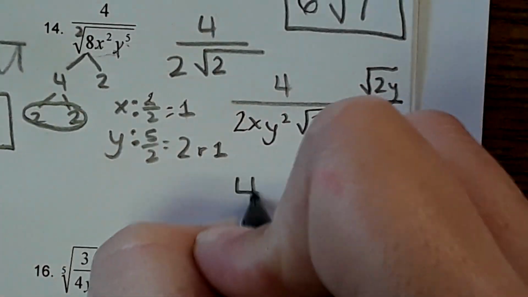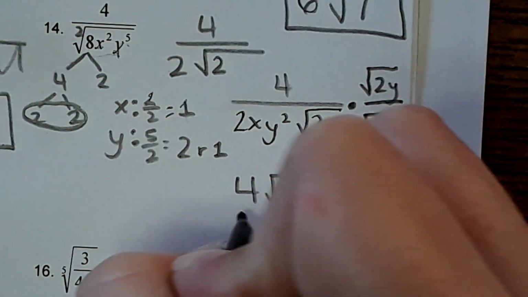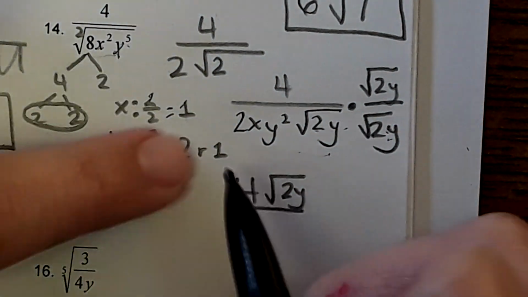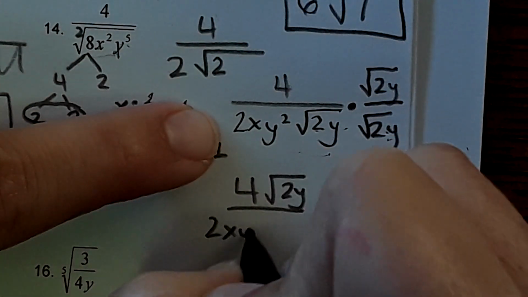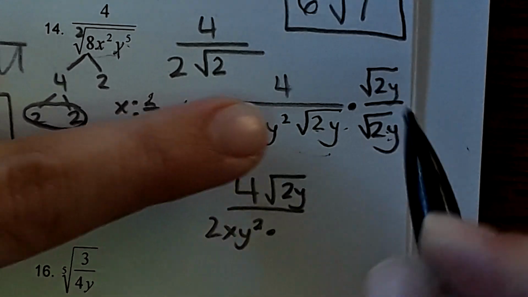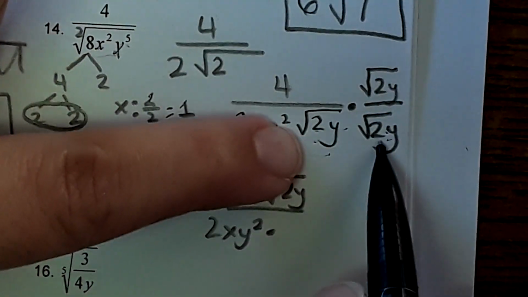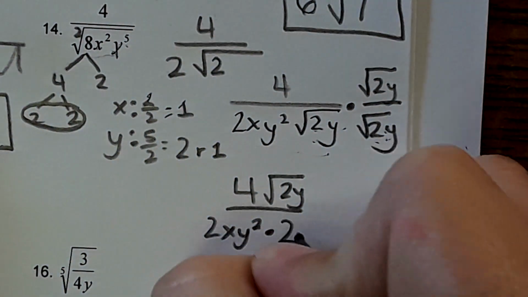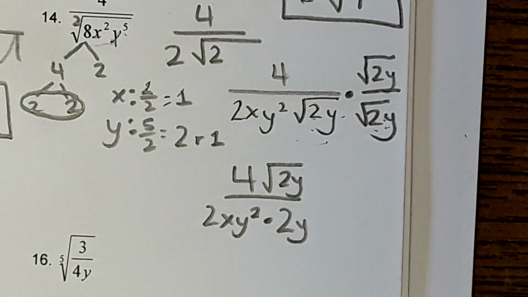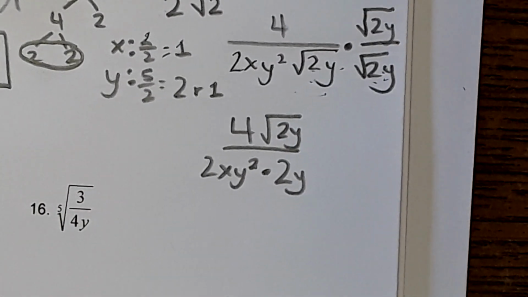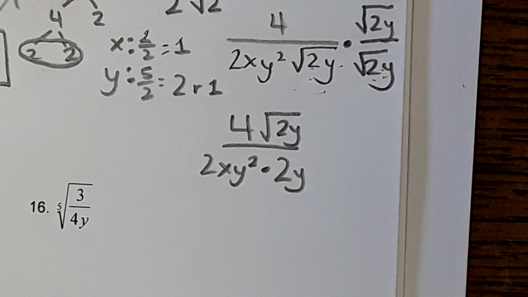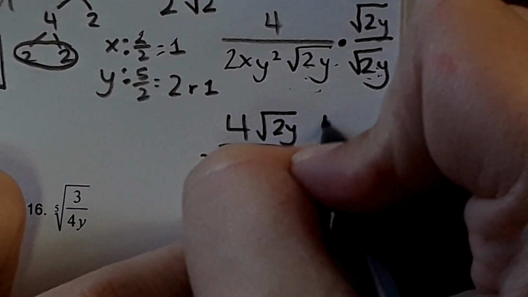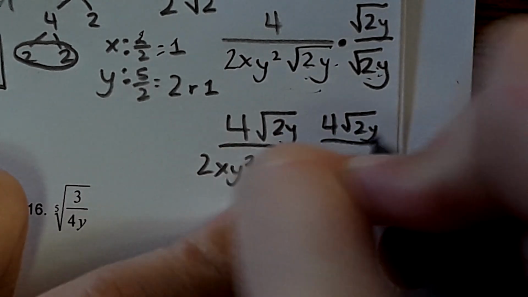So rewriting this. So we get 2xy squared times square root of 2y times square root of 2y is just going to be 2y. Rewriting it again.